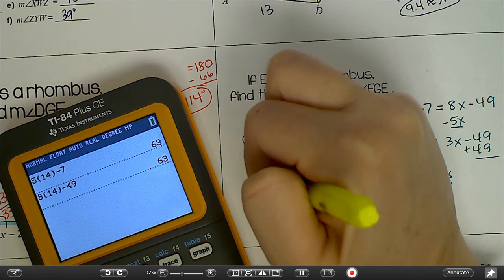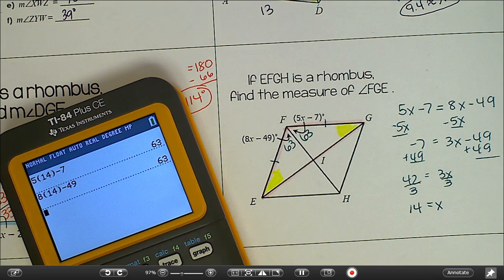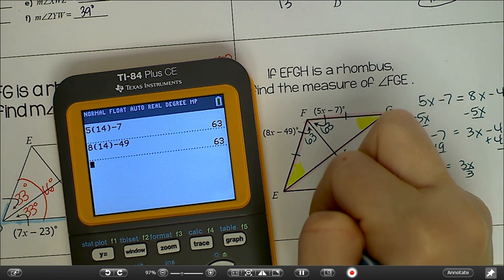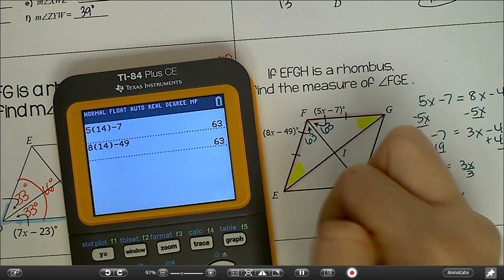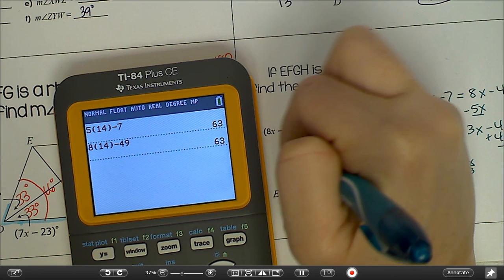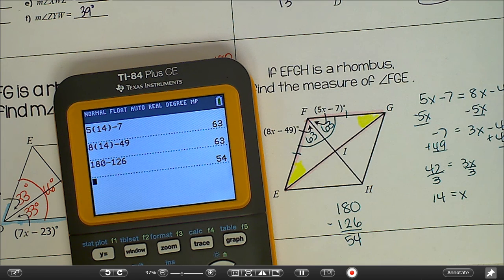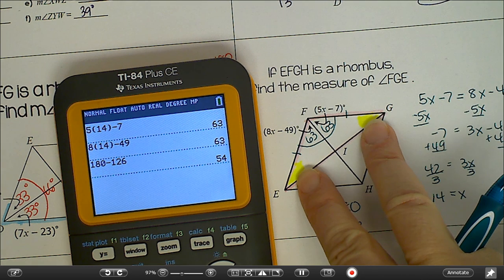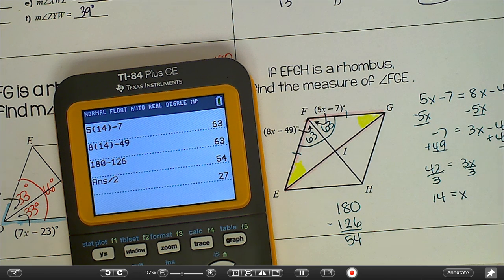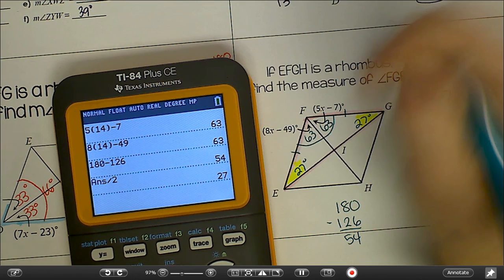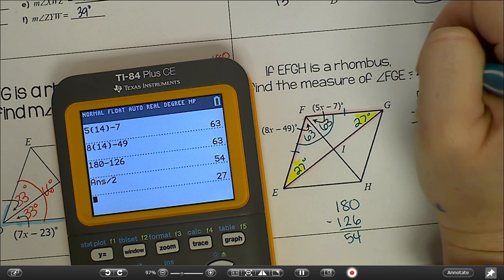So these two angles would actually be the same. A triangle has 180 degrees. So I'm going to do 180 minus 126. That's 126 right there. Which leaves me with 54 degrees and two congruent angles. So I'll divide that by 2. 27 degrees. So the measure of angle FGE is 27.